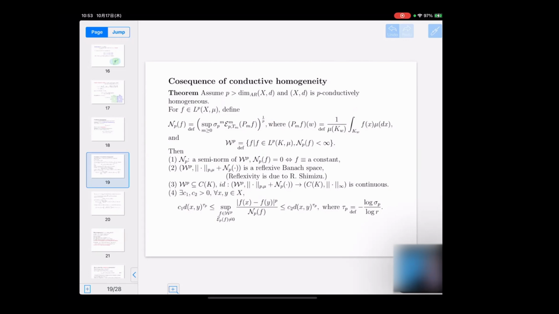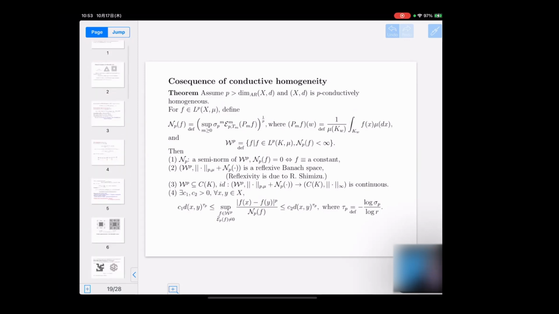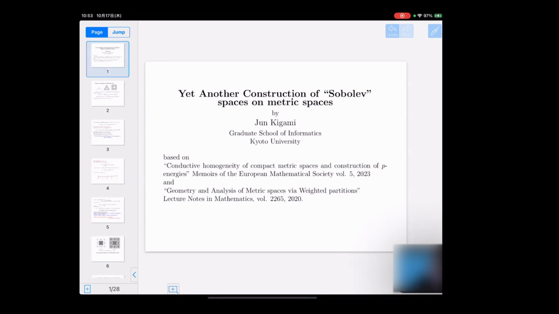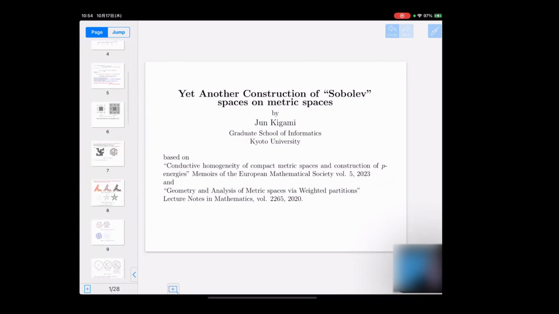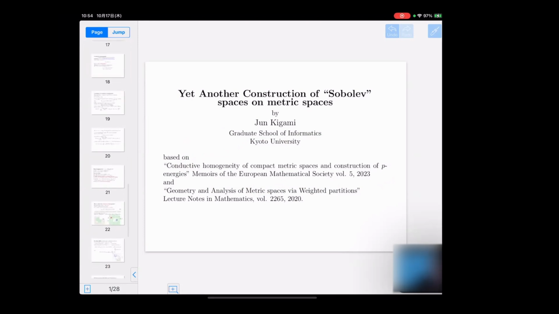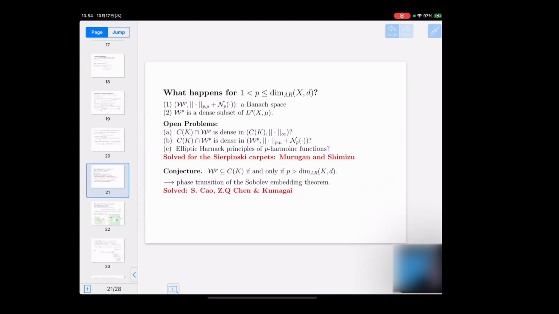Okay. So in the chat, there are two questions. The first question is, which papers should one look at if one wants to learn more? Well, my theory is in this paper, the Memoirs of the European Mathematical Society. And for the works on the Sierpinski carpet, find the Murugan and Shmidt paper on arXiv.